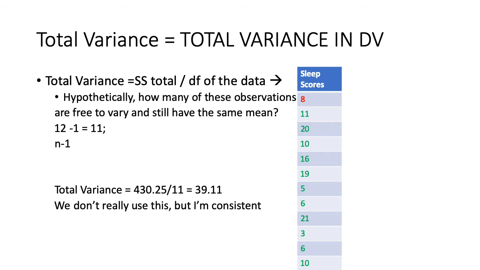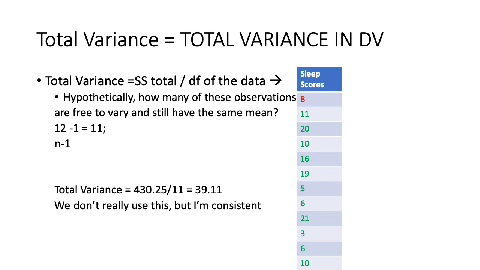But when you are figuring out degrees of freedom, you have to say, riddle me this. I imagine I have the same number of observations that I collected, but now the numbers are free to be any number in the world. How many of them are actually free and how many of them are fixed such that the mean of all these 12 numbers right here is still 11.25?